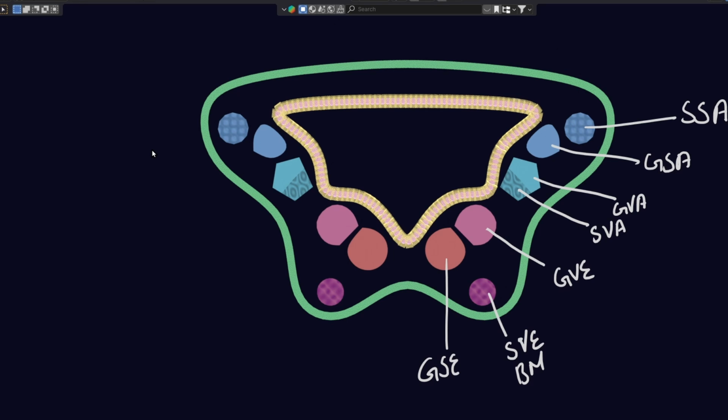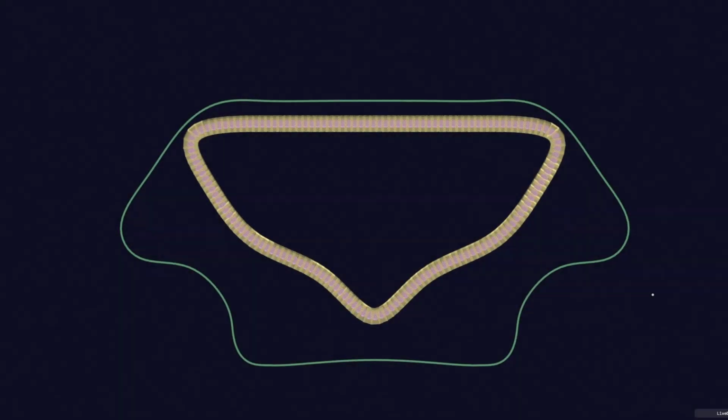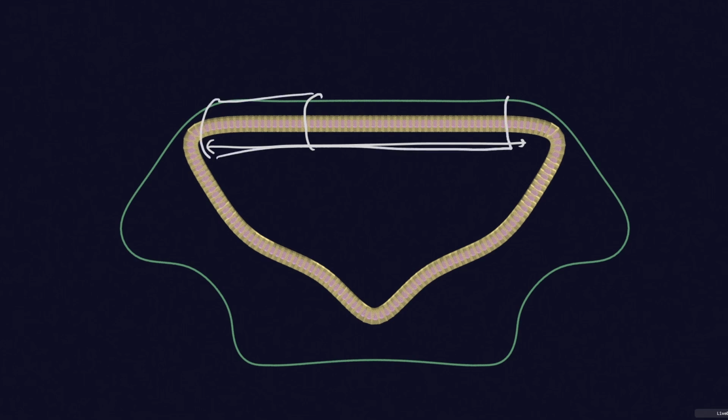Now finally, one last thing that I would like to discuss, and then we will wrap up this lecture. Here, this is the roof of the fourth ventricle, which consists of an ependymal layer as well as a thin layer of pia mater. And this thin layer of pia mater becomes highly vascular, and lots of blood vessels invest this pia mater, so it becomes vascular pia mater.